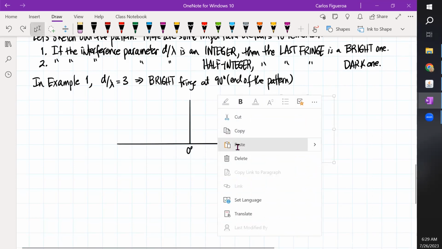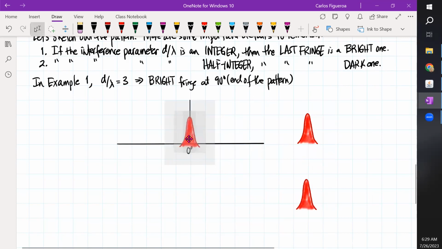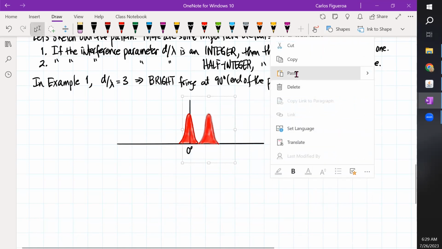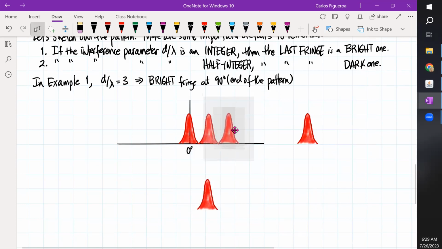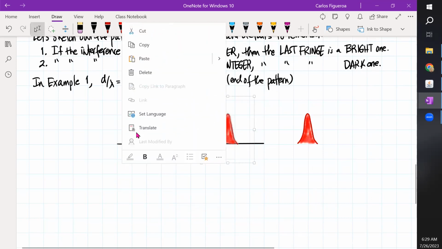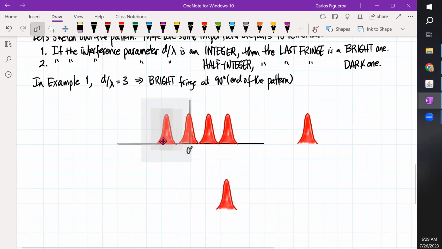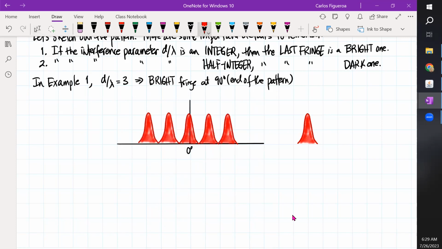So here we go, here's my pattern. They're typically equally spaced, so that means I'm going to have 3 on each side. But the very last one is going to be different, as you'll see. Right now I have 5, but I need 7.